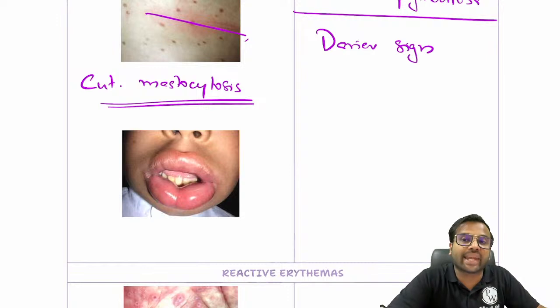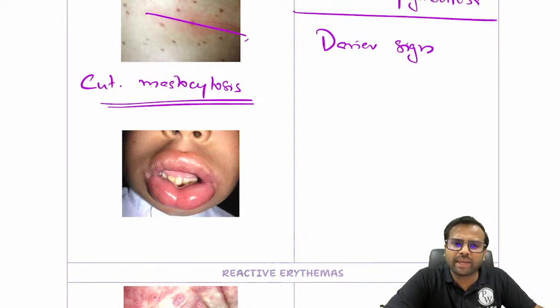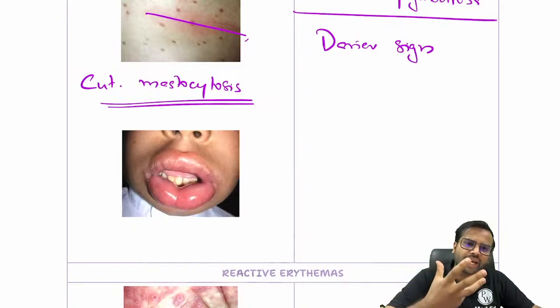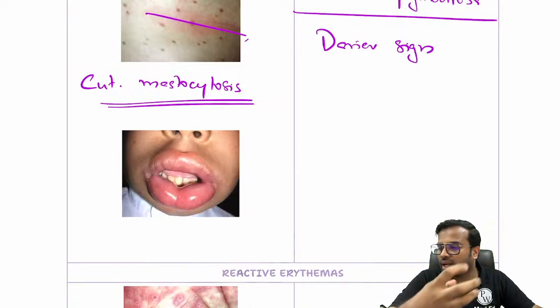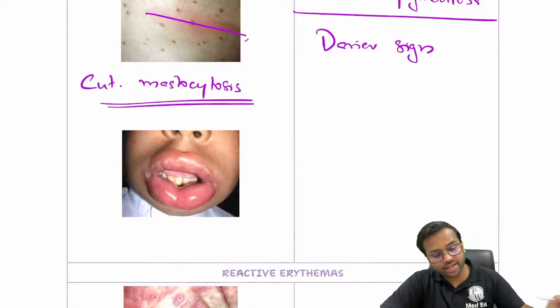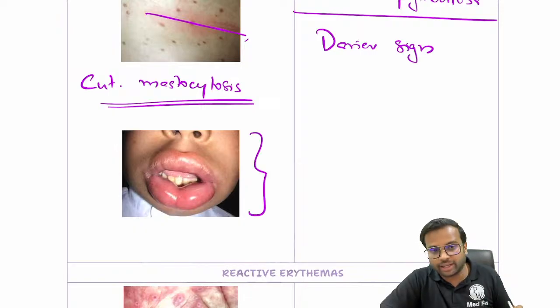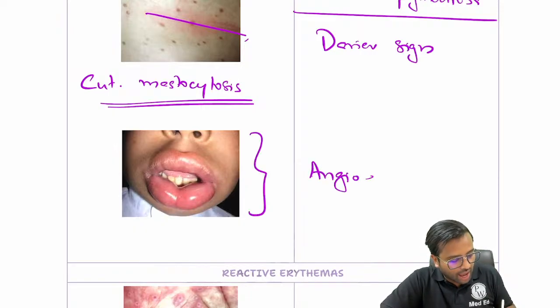Now, when you see this next image, can you tell me a single diagnosis? Probably this is a child who has come to you with swollen lips. What is this swollen lips all about? Very good. This is called angioedema.